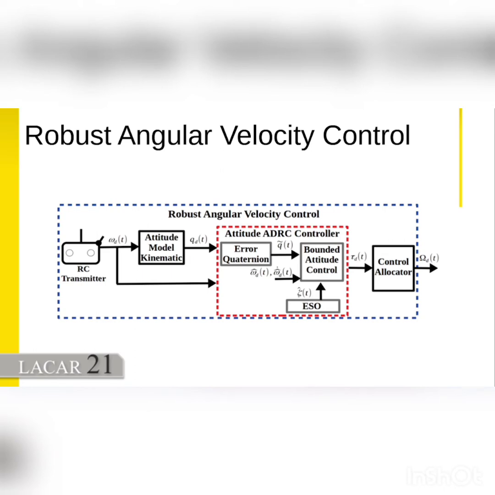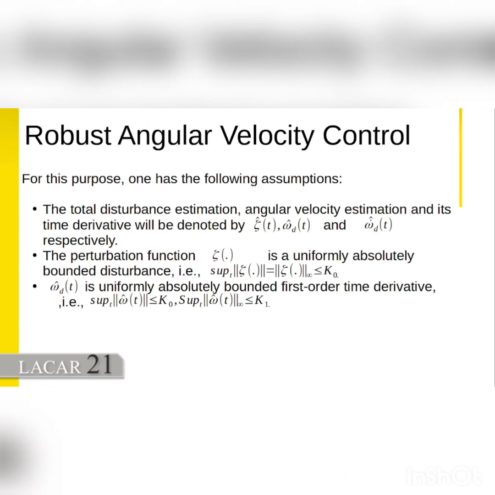For this purpose, one has the following assumptions: the total disturbance estimation, angular velocity estimation, and its time derivative will be denoted by the next characters, respectively. The perturbation function zeta is a uniformly, absolutely bounded disturbance. The desired velocity is uniformly, absolutely bounded first order time derivative.